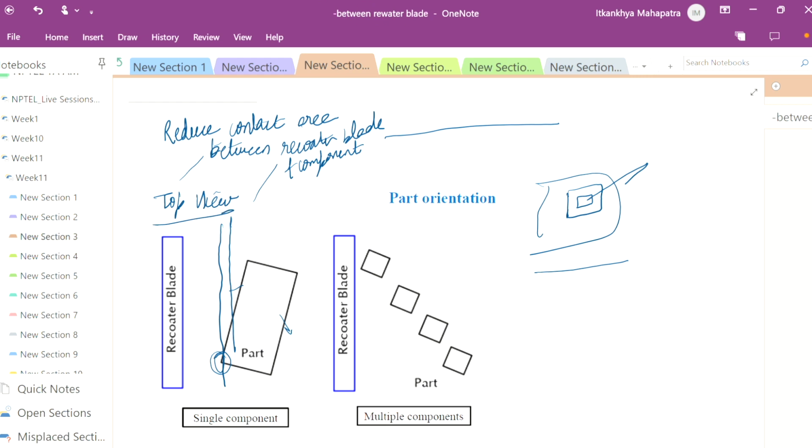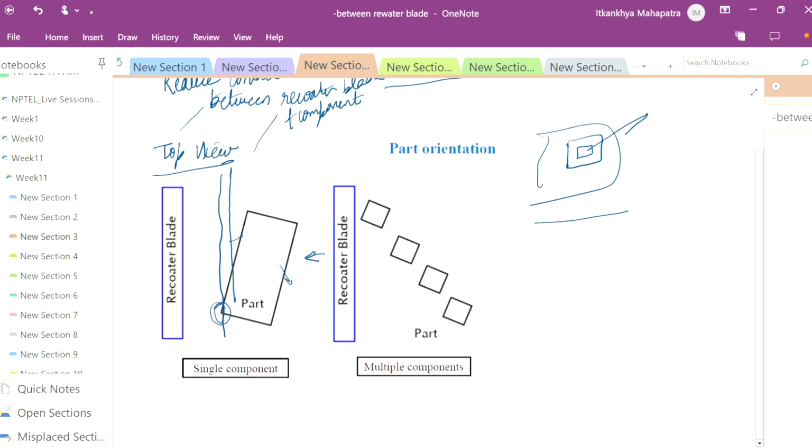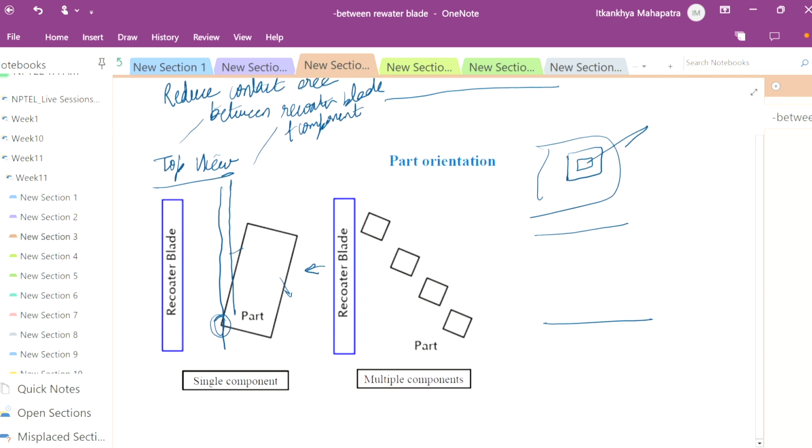Now if we see it from the side view, the component will be like this.